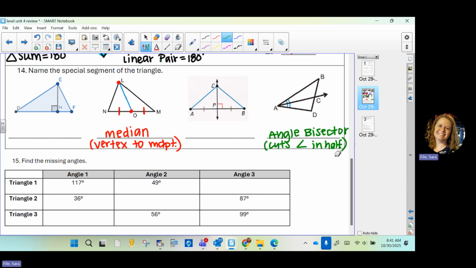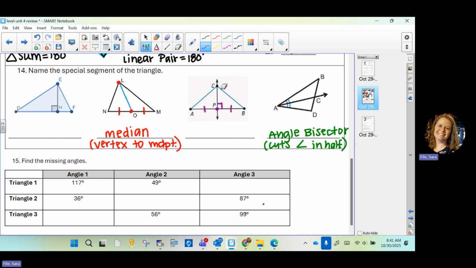All right, so we haven't had these other two on this page of the review, okay? But what is happening in this one? This CP segment, it's making a 90-degree angle, so that means it's perpendicular, right? And what do these tick marks tell us? That those are the same, so that means that this point P is the midpoint, right?